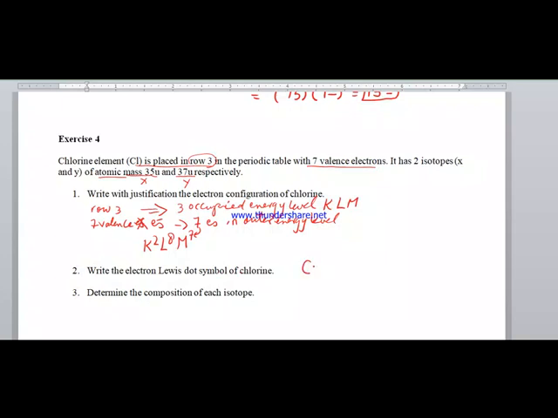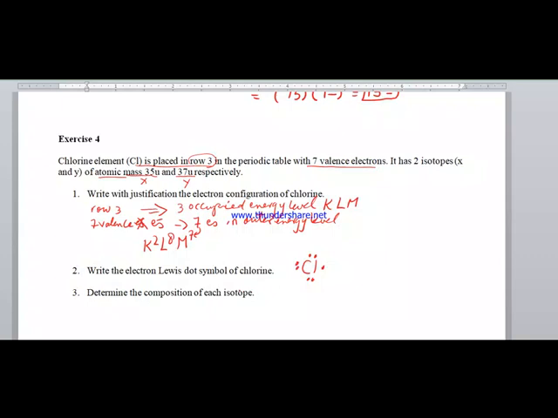Chlorine is represented by Cl, and we have 7 valence electrons: 1, 2, 3, 4, 5, 6, and 7. These are the 7 electrons of a chlorine atom in the outer energy level.